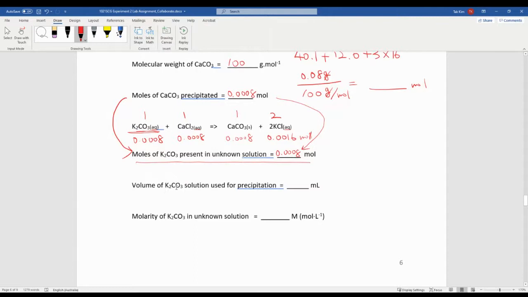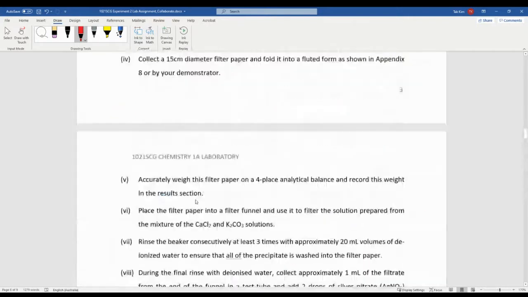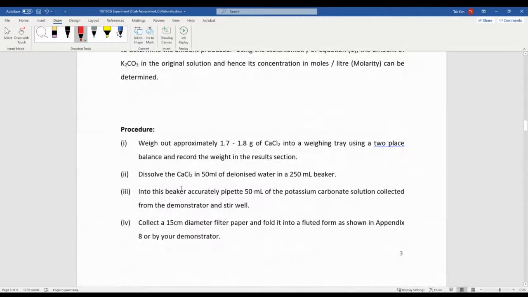Now you need to find out the volume of potassium carbonate solution used for your precipitation. In this case, you don't really have to do a calculation. You will need to have a look at the experimental procedure. Let me just go back to the procedure. I'm not sure which number it is.